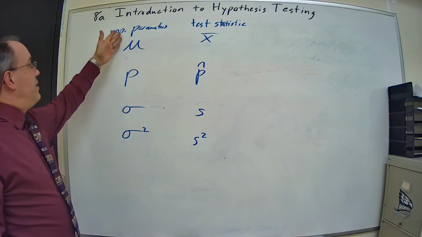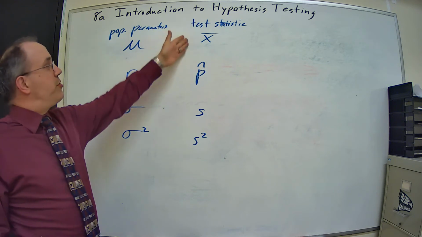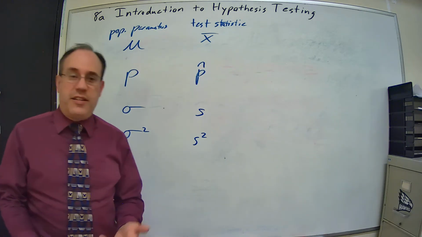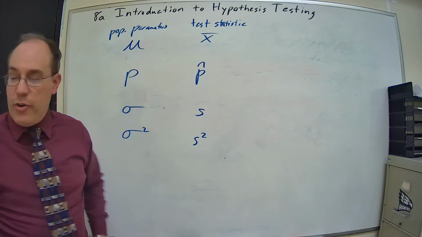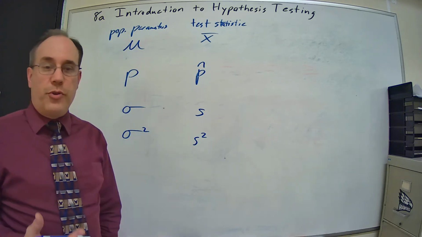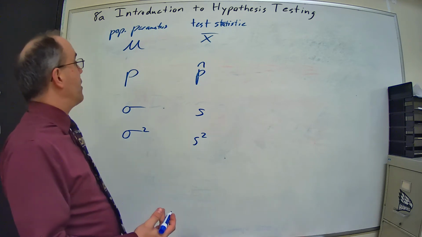So if the claim is about one of these parameters, we would use these associated test statistics to test that claim. And I'll go even a little further to say what distribution we would use under what circumstances.